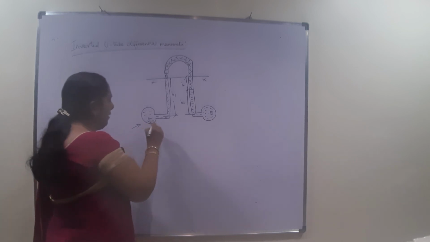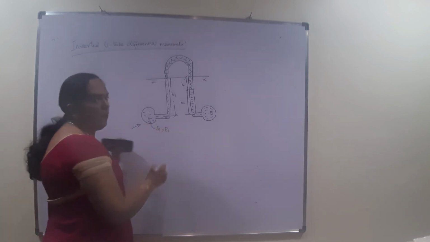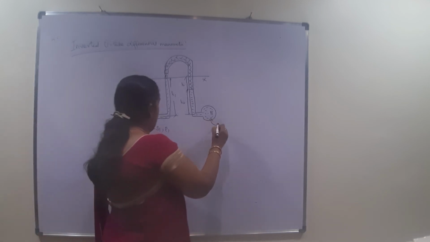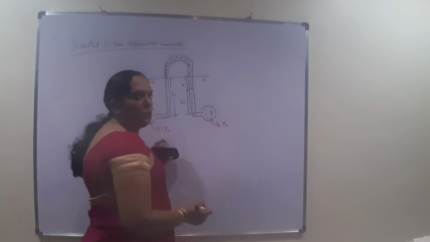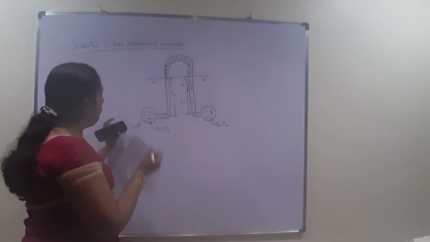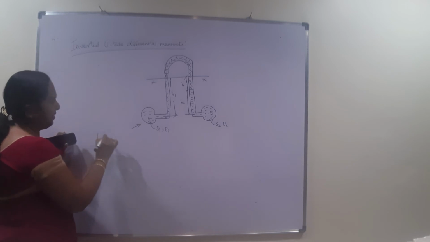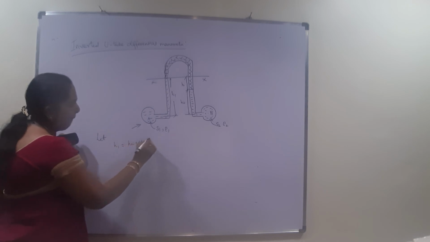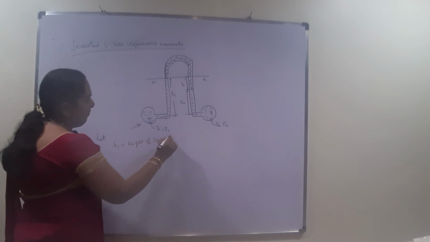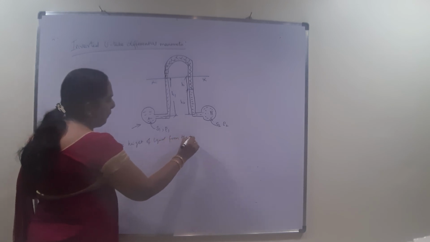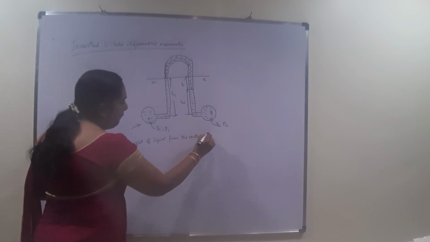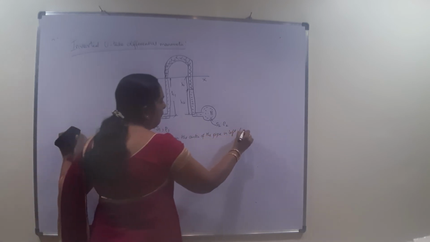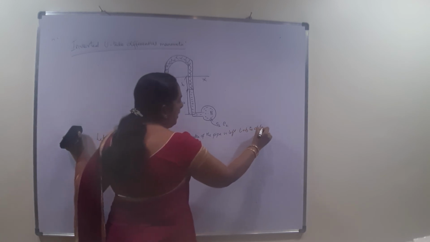Similarly, here we will have S1, rho 1. It is the specific gravity as well as the density in pipe A. And here we have S2, rho 2. So, whenever such derivations are given, you have to write all the specifications. That is, let H1 be the height of liquid level from the center of the pipe A in the left limb to datum line XX.